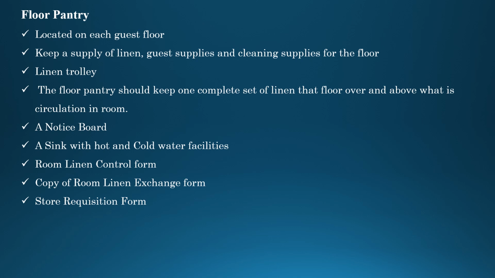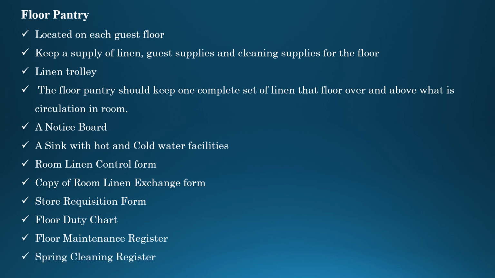A store requisition form for requisitioning guest supplies, cleaning supplies and stationery items. Floor duty chart. Floor maintenance register that records all maintenance work that needs to be completed on that particular floor. Spring cleaning register for the periodic schedule of thorough cleaning of the rooms on rotation.